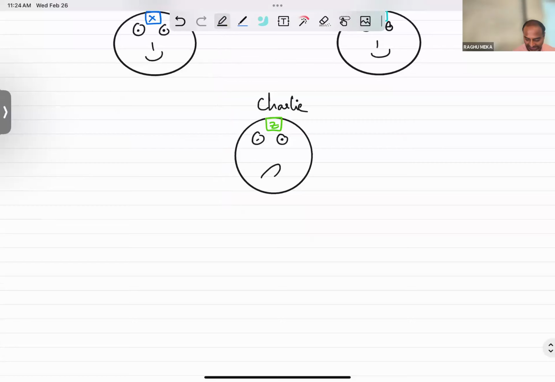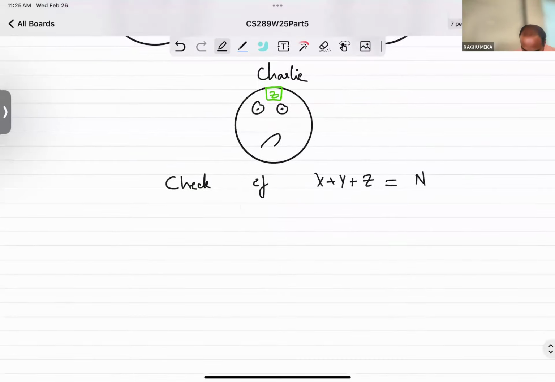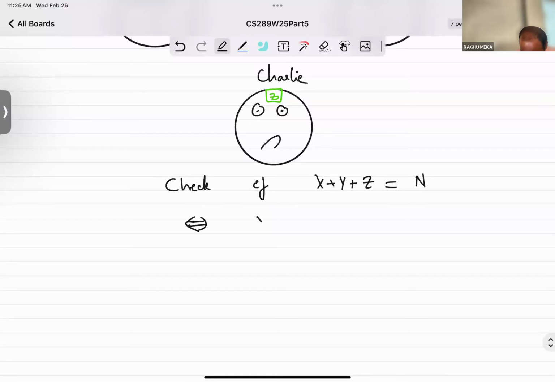They want to communicate and check if X plus Y plus Z equals N. That's the function that they're trying to compute.